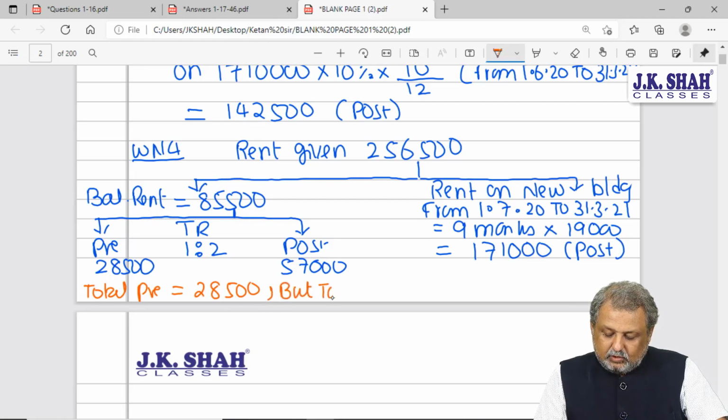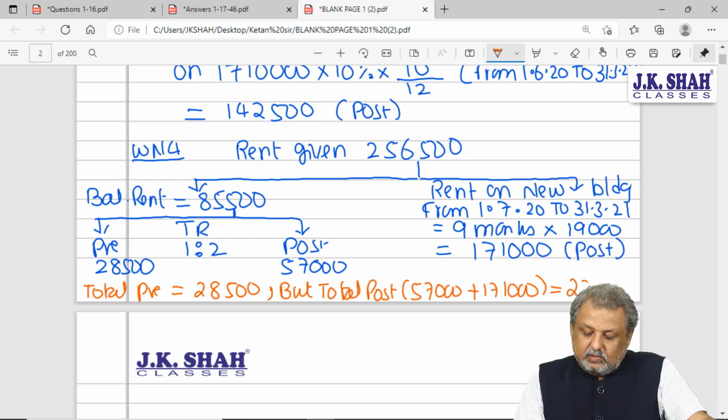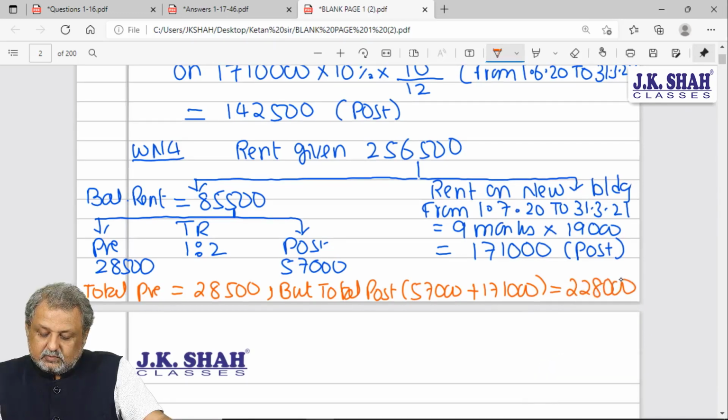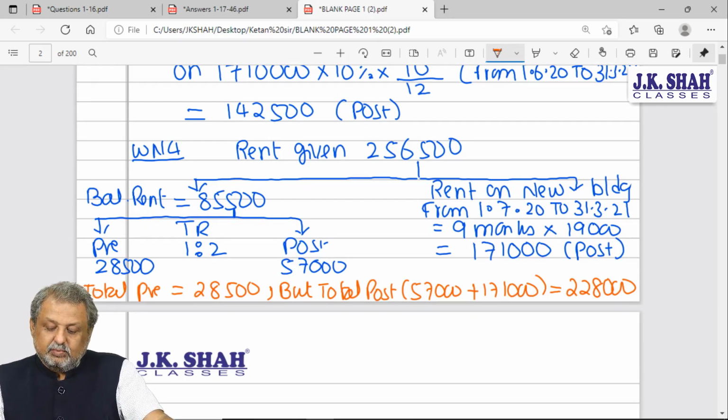But total post, 57,000 plus 1,71,000, that will be 2,28,000. Total 28,500 plus 2,28,000 should be 2,56,500.